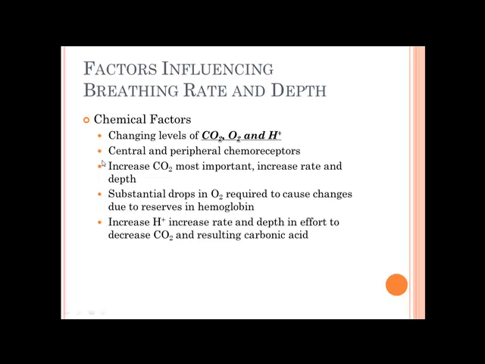So our chemical factors that will influence our rate and depth of breathing are carbon dioxide, oxygen, and hydrogen ion concentration. Carbon dioxide is the most important. If you have large drops in oxygen levels, your body does get nervous, but the thing that bothers it more is those carbon dioxide levels.